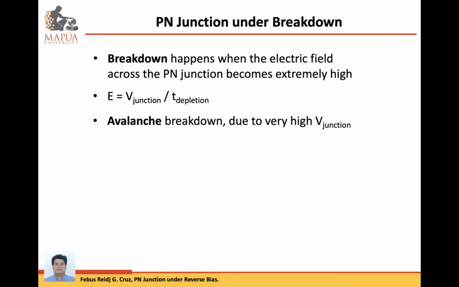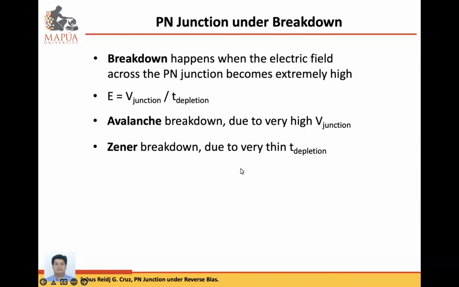The first one is the avalanche breakdown. This is the breakdown condition attributed to the very, very high junction voltage. When you have high junction voltage, you have extreme electric field, so there is a possibility of breakdown. We refer to that condition as the avalanche. Another type is the Zener breakdown.